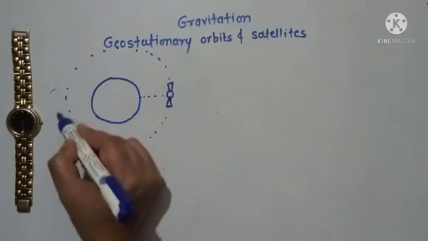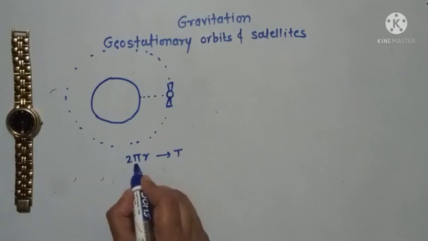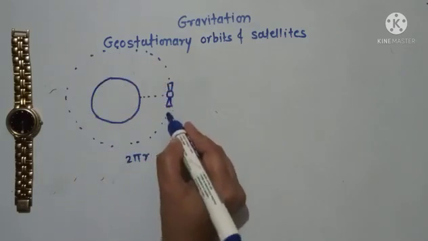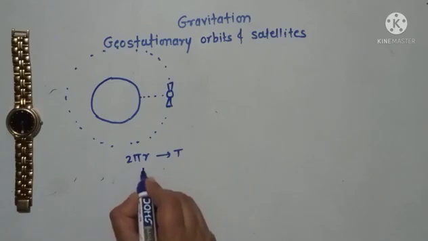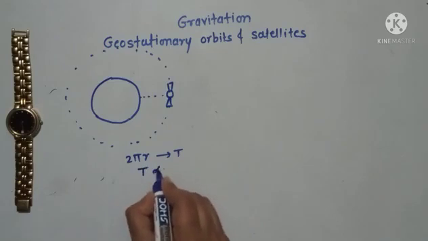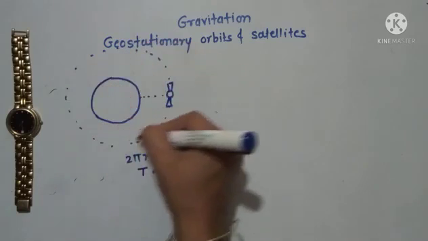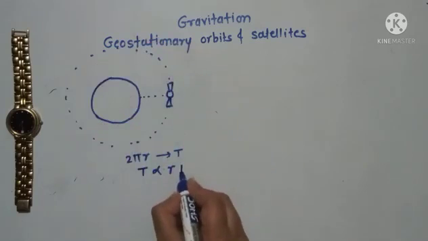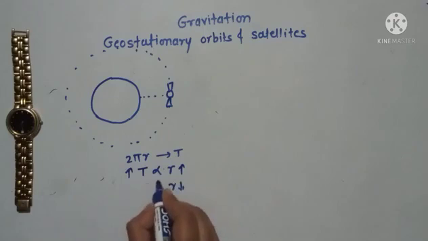So 2 pi r is the distance traveled by this satellite in one revolution, or in time period T. Here we can see that this time period T and r are directly proportional. r is the radius of this orbit. If r increases, the time period will increase. If r decreases, the time period will also decrease.